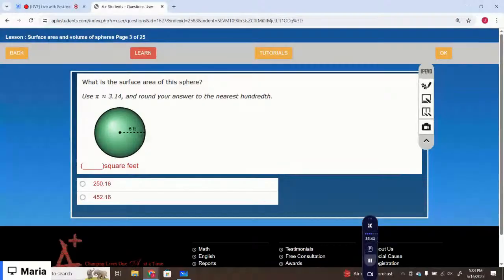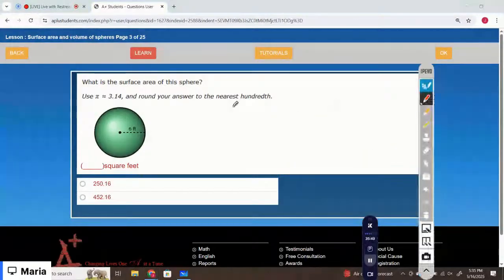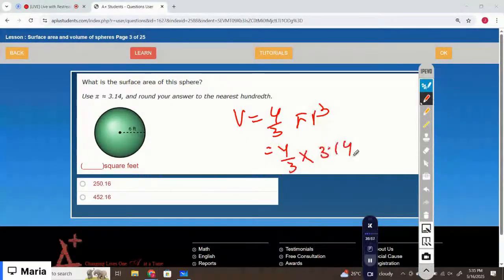So just do the calculation and see which is the correct option. The formula is V equals 4 by 3 pi r cube, just the values are different. So that is 4 over 3 times 3.14 times 6 cube. So let's just do the calculation.